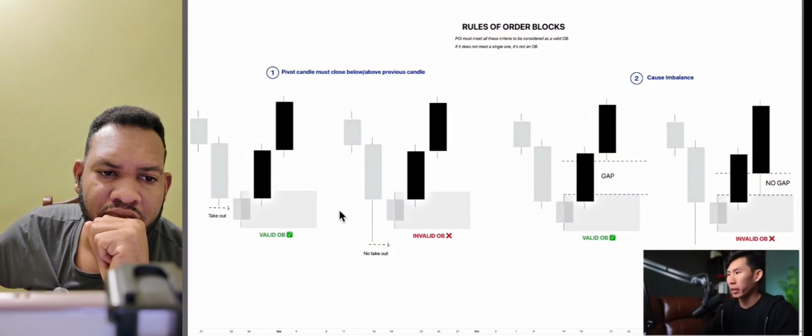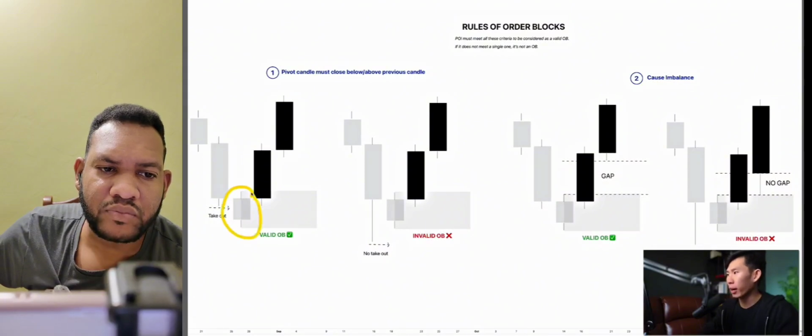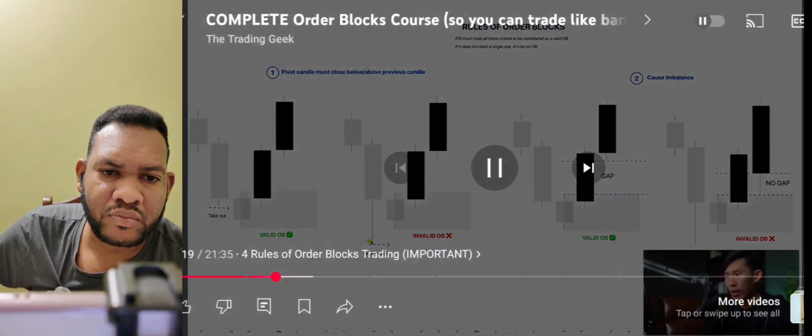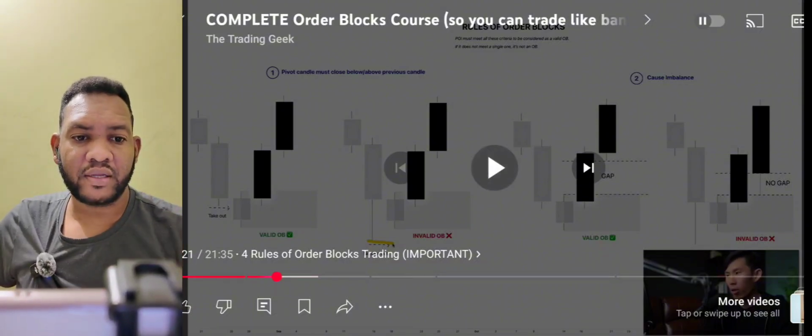Looking at these 2 examples, this pivot candle did close below the last candle, but this pivot candle did not manage to close below the previous candle, since that previous candle went all the way down here.